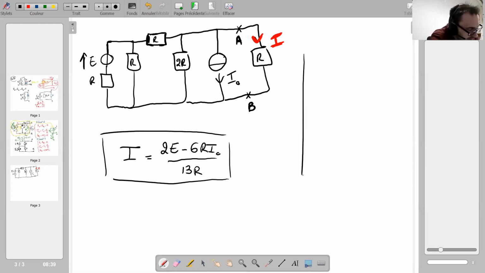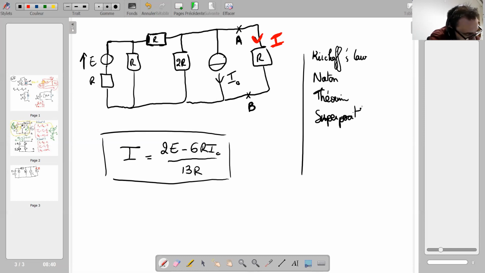Just listing here all the methods you can use. So Kirchhoff law from the beginning, Norton, Thevenin, superposition, simplification, and Millman.